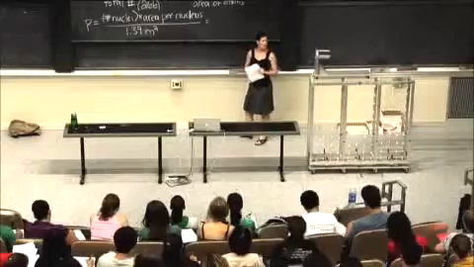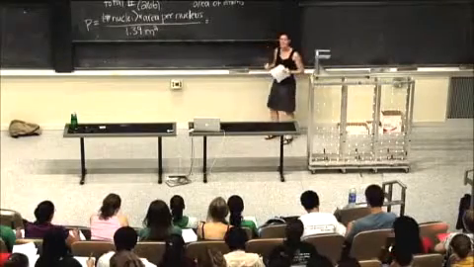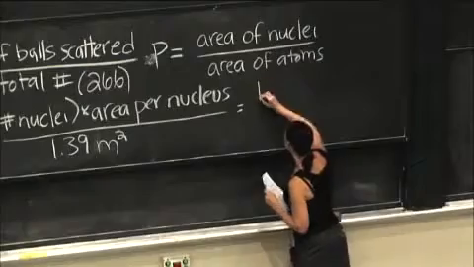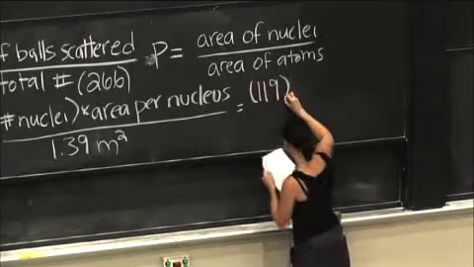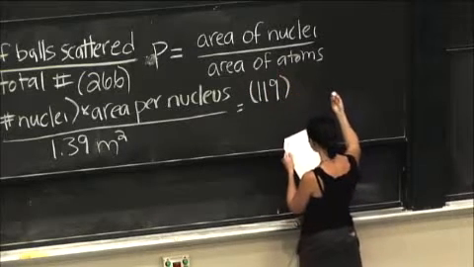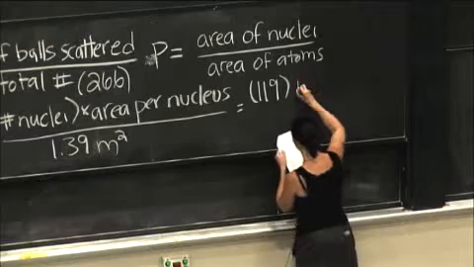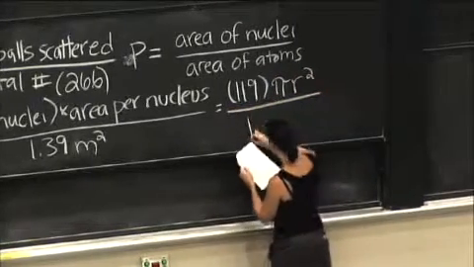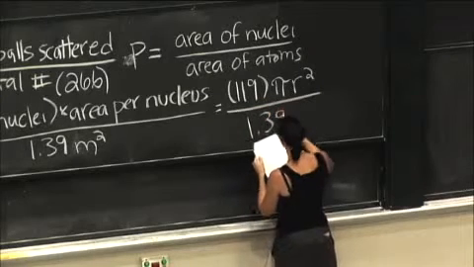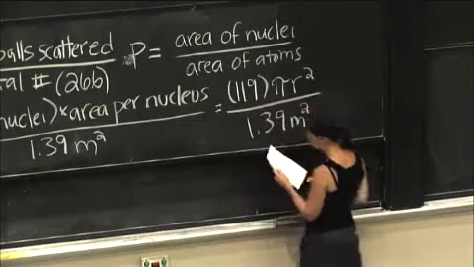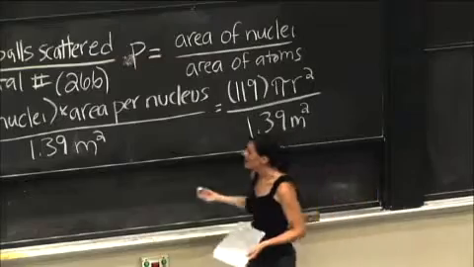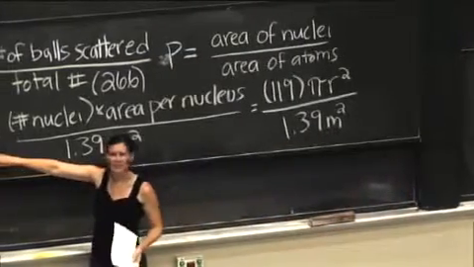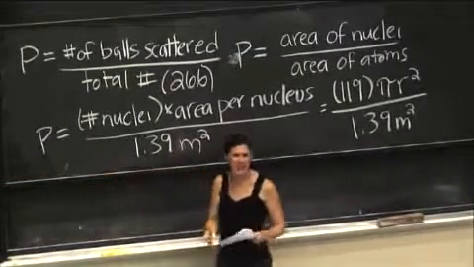So the number of nuclei, if we were to sit and count these as well, is 119. So we'll multiply that by just pi r squared to get that cross-section, and divide all of that by 1.39 meters squared. So what we have here is a relationship that can tell us what the probability of backscattering is.